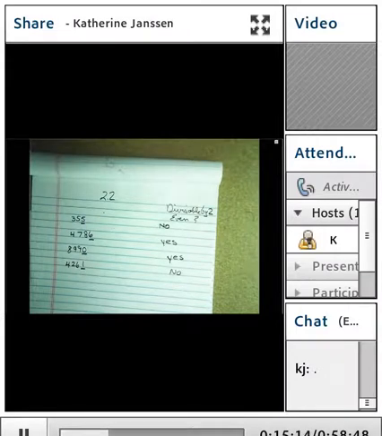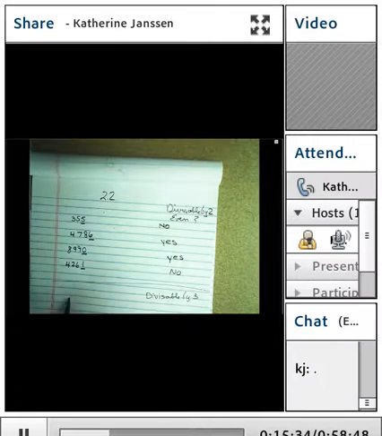Divisibility by 3. A number is divisible by 3 if the sum of its digits is divisible by 3. So we look at examples. Our first example is 18.